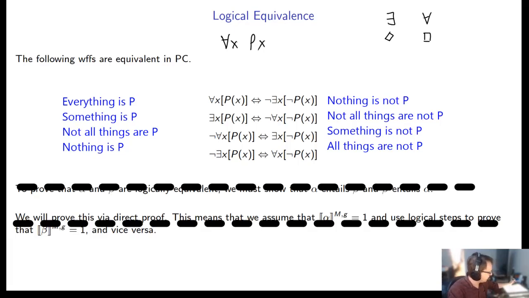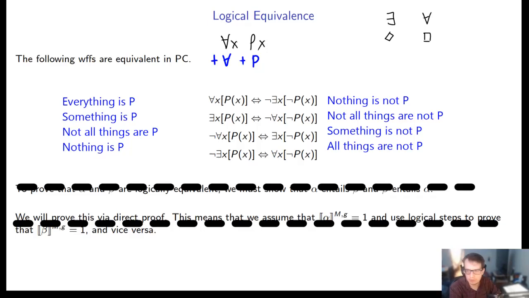Whenever we see a symbol or a predicate, we just place that down. If we see a negation, we put a minus sign. If we don't see a negation, we put a plus sign. So I would write this as plus all plus P. So this is like positive universal, positive P.